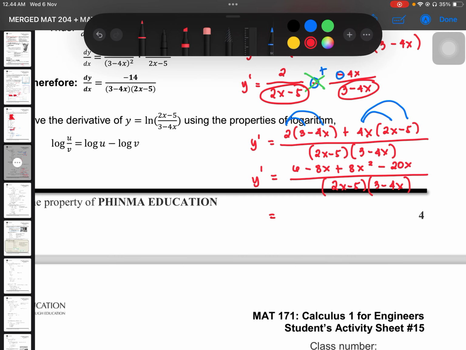Y prime is 6 minus 8x minus 20x pag pinagsama, 28x plus 8x squared all over 2x minus 5 times 3 minus 4x.